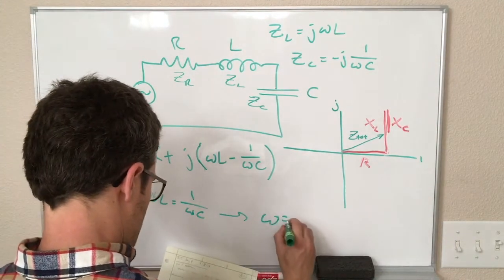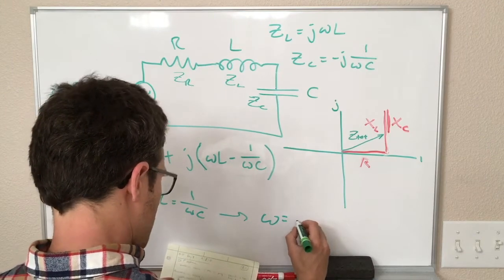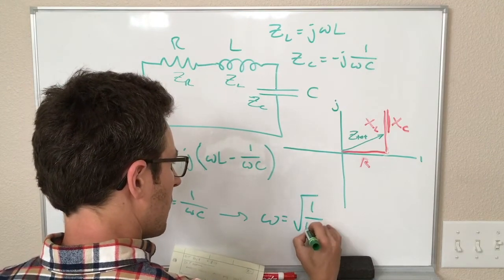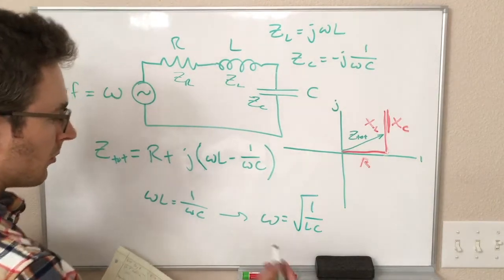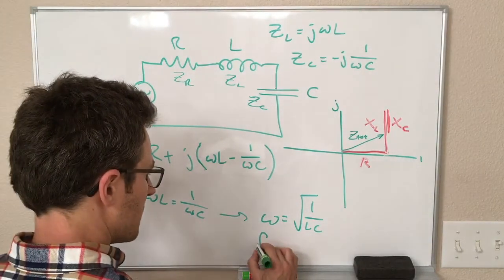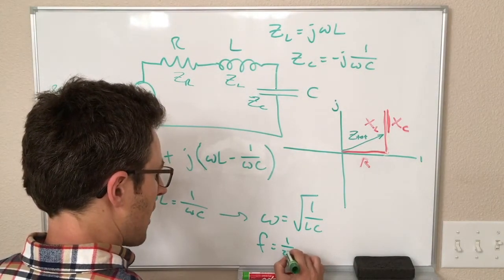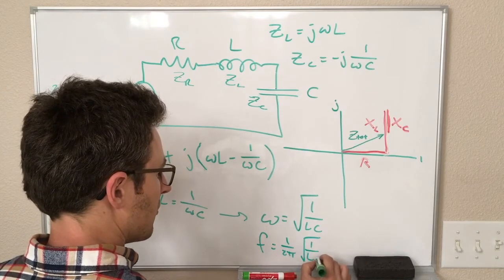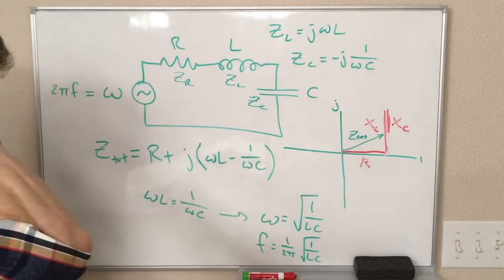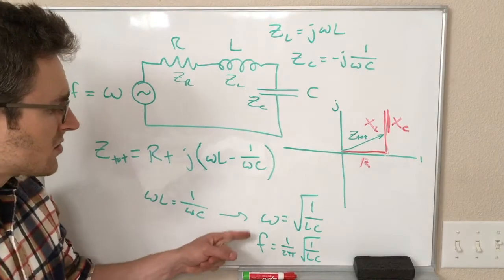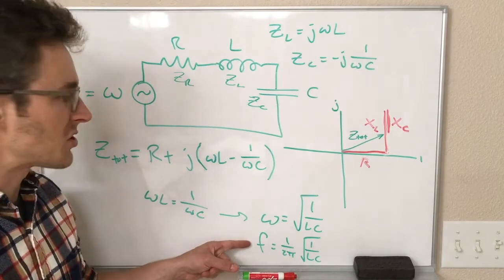Omega is equal to the square root of 1 over LC, or if we turn that into a frequency, F would be equal to 1 over 2 pi times the square root of 1 over LC. So these are frequencies where something special happens.